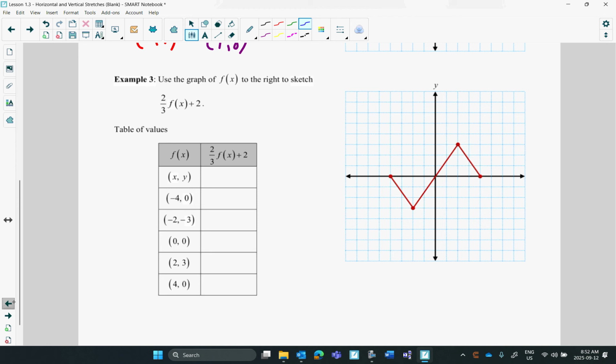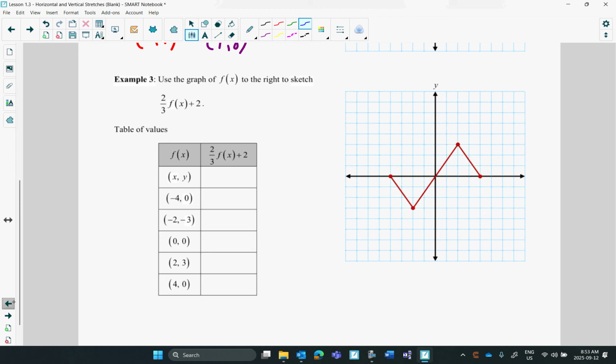So in this case, it might be helpful to do mapping notation, because what you would have to do if you do it mentally is you're going to have to go, okay, go to every y point, take 2/3 of it, and then add 2. That could get mixed up in your head a little bit. So with mapping notation, you can still do it mentally. Okay, I'm not saying you can't.